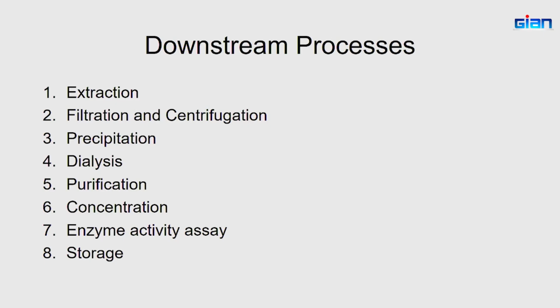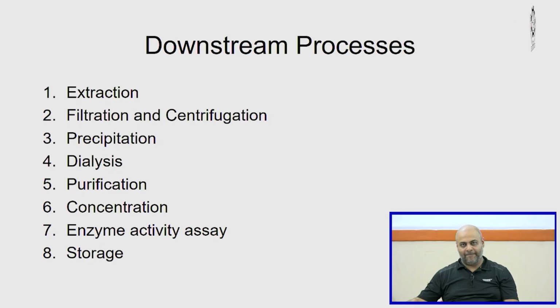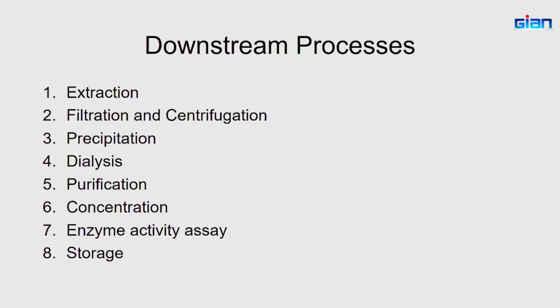Now the downstream processes include extraction, filtration and centrifugation, precipitation, dialysis, purification, concentration, enzyme activity assay and storage. Extraction is used to recover the enzyme from the fermented substrate by using an appropriate extraction buffer, for example phosphate buffer or Tris-HCl.